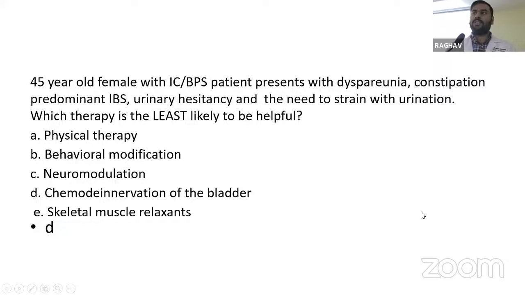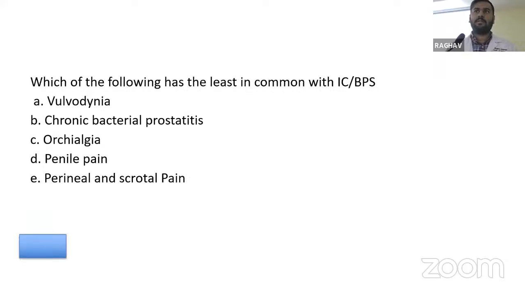Chemodenervation of the bladder has been shown to be the least likely helpful in such a symptom complex. Which of the following has the least in common with IC-BPS? Vulvodynia, chronic bacterial prostatitis, or myalgia?